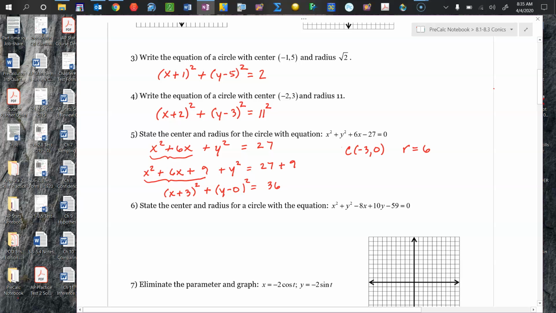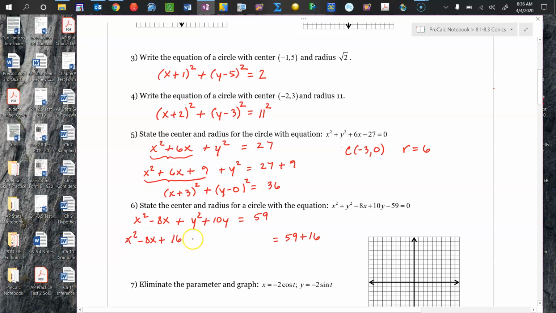So we would have x squared minus 8x plus y squared plus 10y is equal to 59. We'll start by completing the square for x, and then we'll complete the square for y. So x squared minus 8x, plus half of negative 8 is negative 4. If you square that, you get 16. So over on the right-hand side, we're also going to add 16.